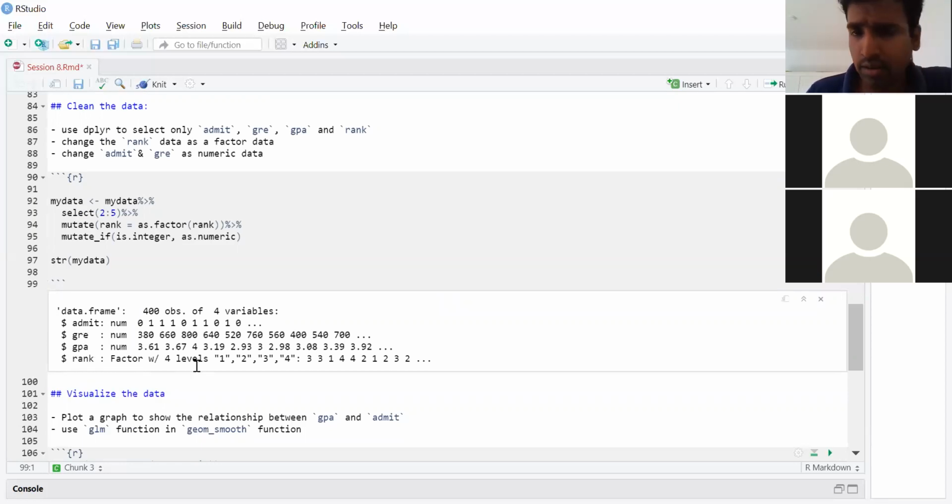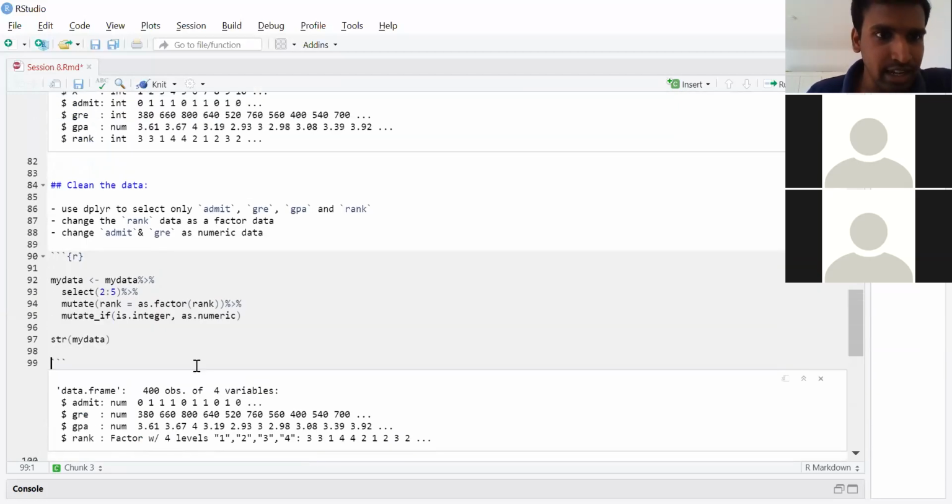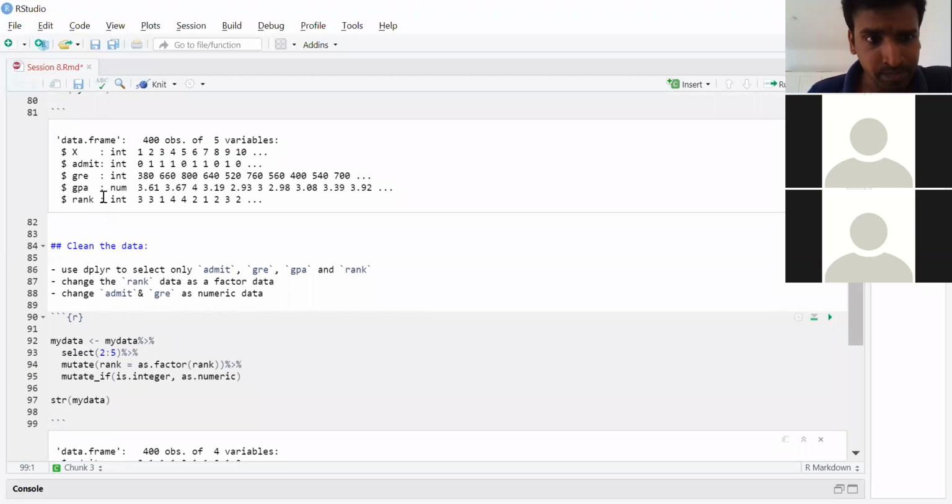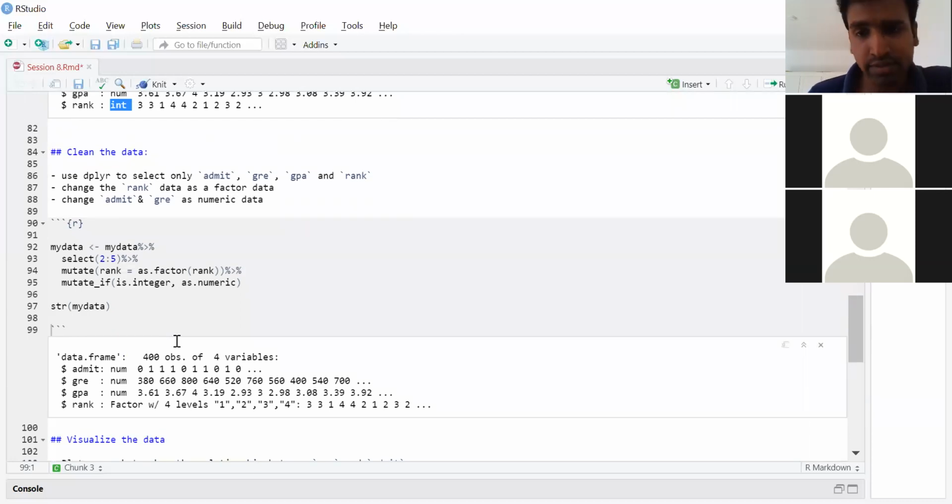Okay, and what is the reason that we converted rank data to a factor? Any ideas or opinions on this particular point? Yeah, we have only 4 levels, right? Fixed 4 levels. I understand that, but initially we had it as integers, and we converted that to a factor with 4 levels.